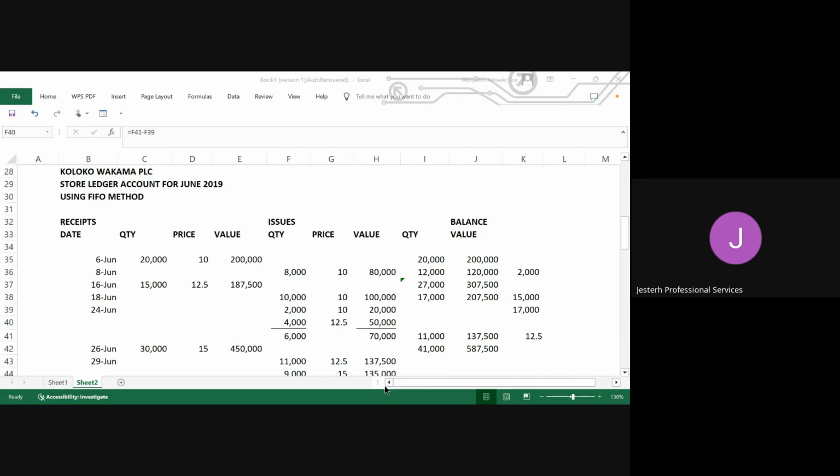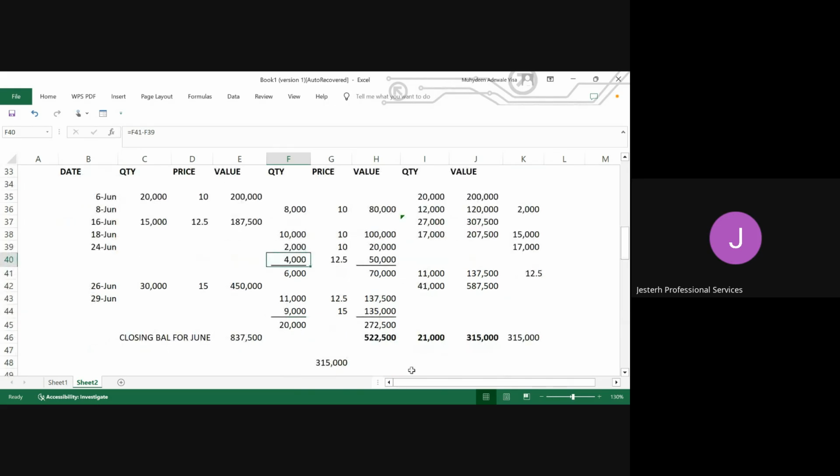It means we are going to remove this 4,000 from this 15,000 at the rate that we purchased it. You add these two together, giving 6,000, then you multiply by the unit price. So I believe you understand the explanation now very well.